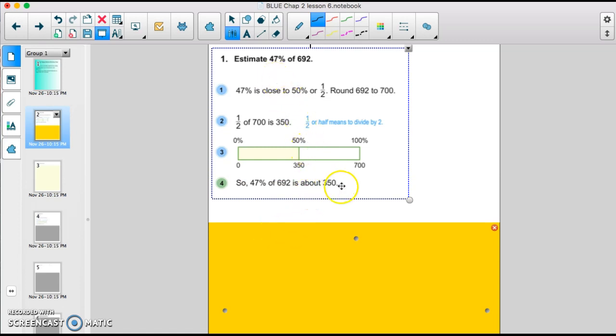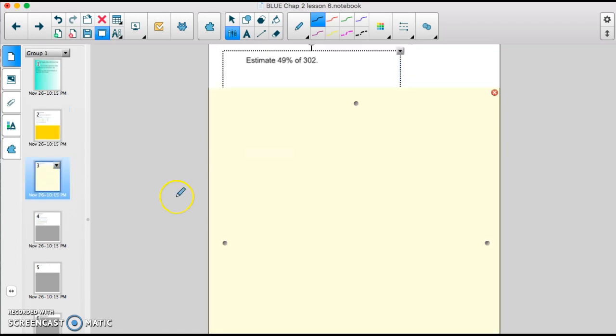And there's that word about right here, and that word about means that we were approximating or we're finding an estimate. So go ahead, and the sub is going to pause the video. I'd like you all to try. Same strategy. You're going to round or estimate both 49% and 302 and see what estimate you come up with.